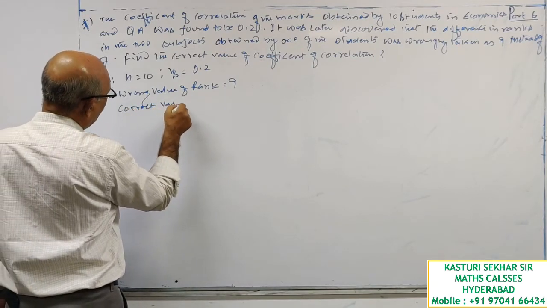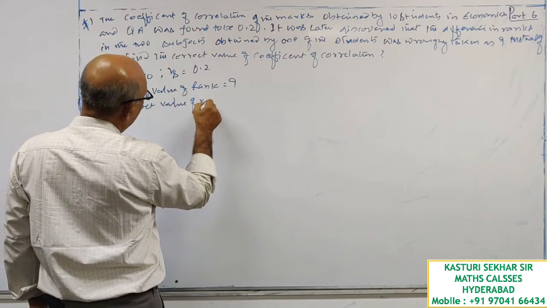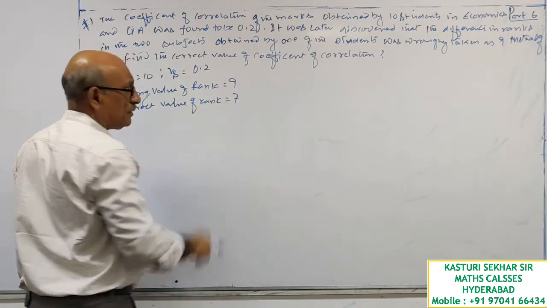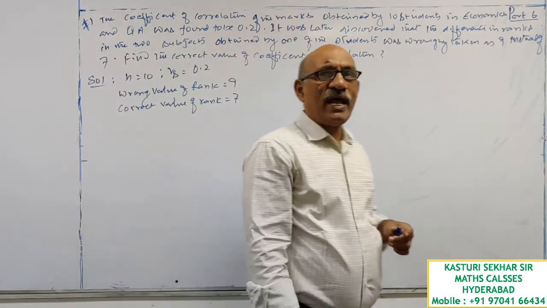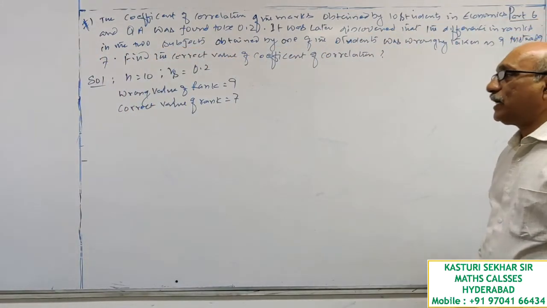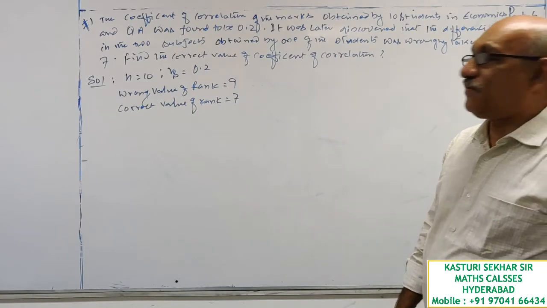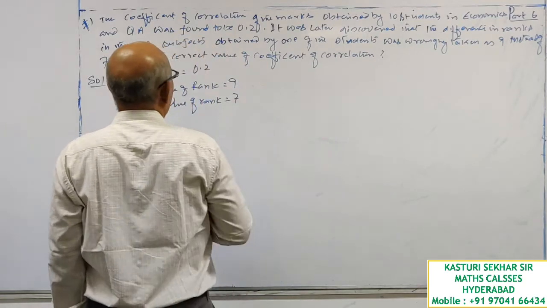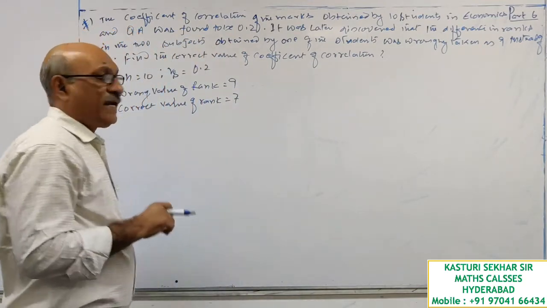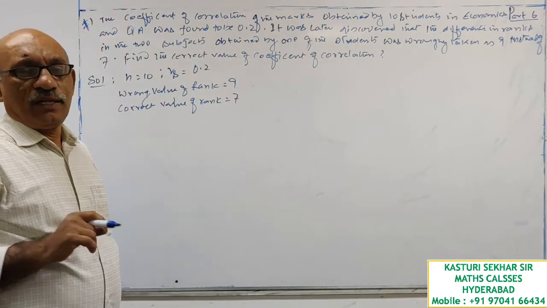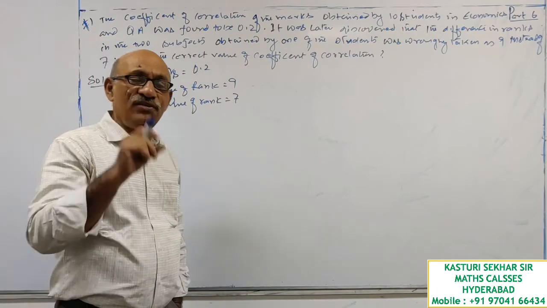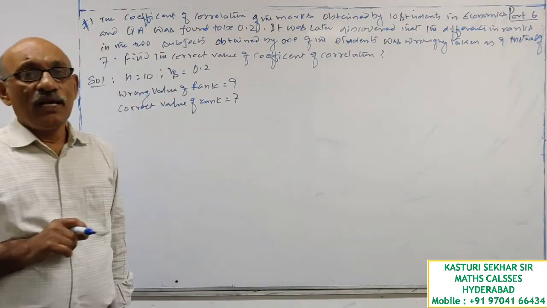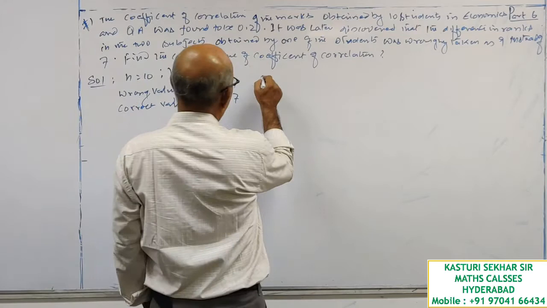Correct value of rank is equal to 7. Now you have to rectify this error from the calculations. For that, d square total is required.